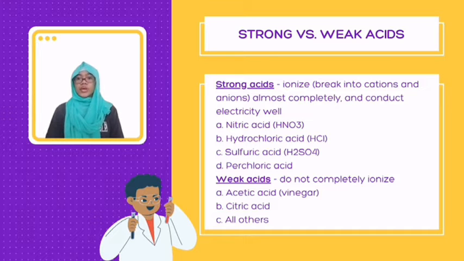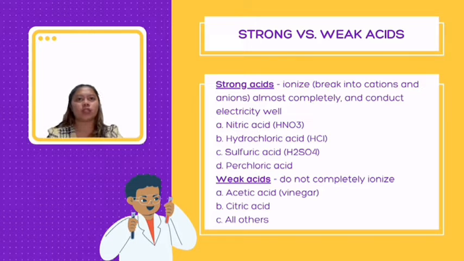Strong versus weak acids. Strong acids ionize or break into cations and anions almost completely and conduct electricity well. Examples are nitric acid, hydrochloric acid, sulfuric acid, and perchloric acid. A weak acid is an acid that partially dissociates into its ions in an aqueous solution or water. In short, they do not completely ionize.